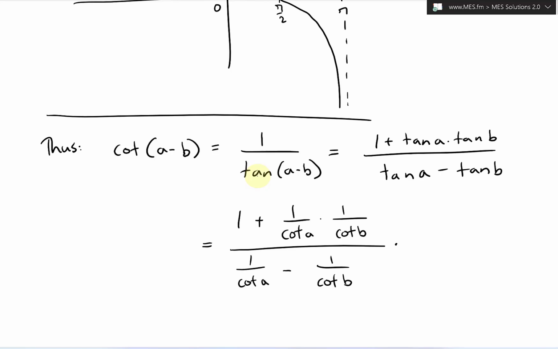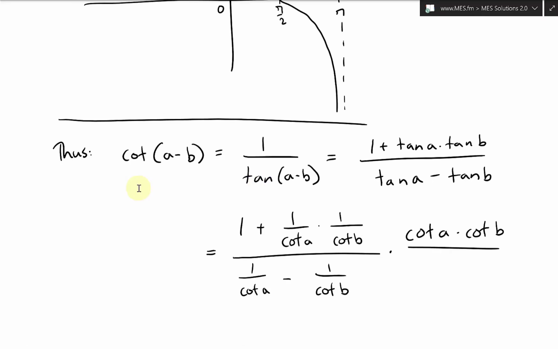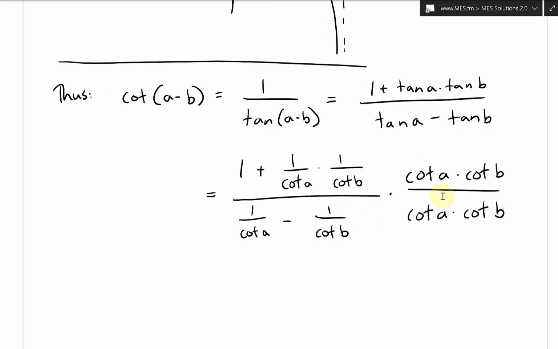Now I'll multiply the top and bottom by cot a times cot b, just so we can have the denominators the same, and then do a whole bunch of cancellations. We're not changing anything because this is just multiplied by 1.